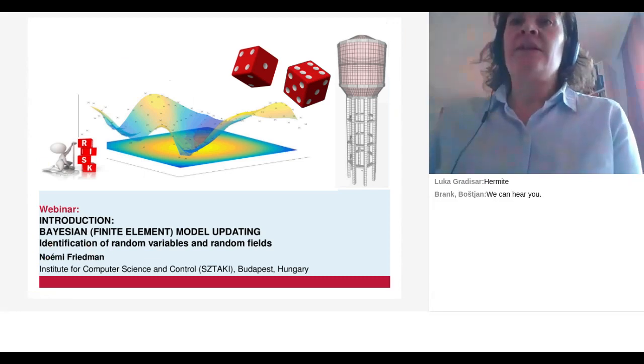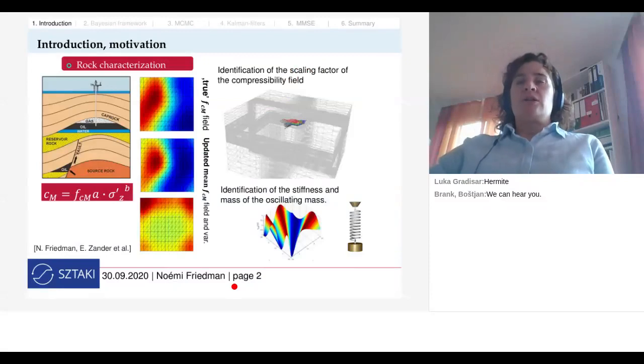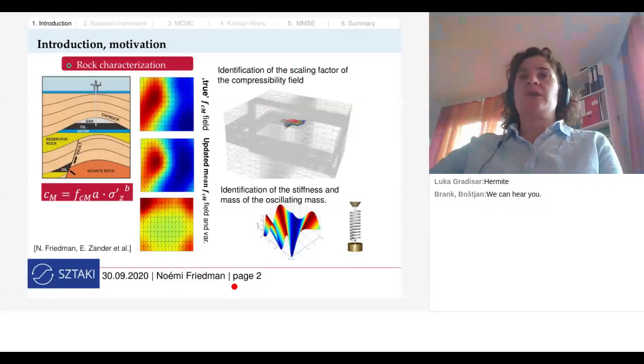Okay, and in this part of the presentation, I will talk about the identification, so the inverse method. And just as the motivation, I have already showed you what we are trying to do. So we will generate, for an educational purpose, a synthetic true value of the scaling field, which you can see here.